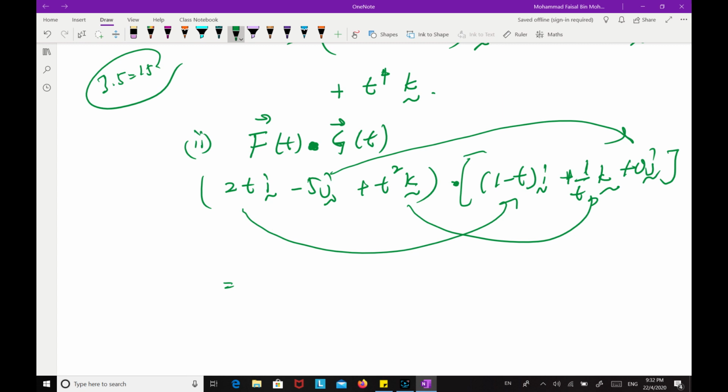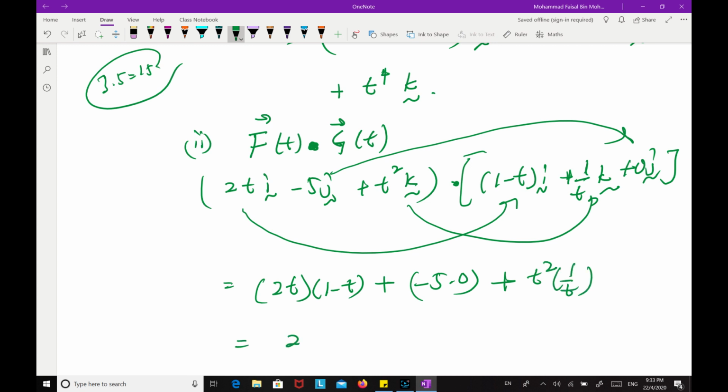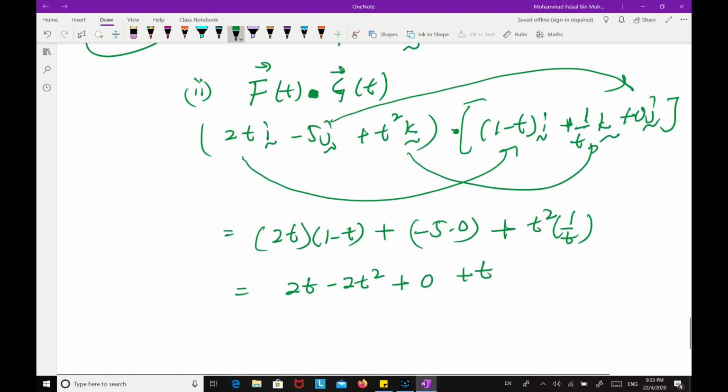So it is 2t times with 1 minus t, plus, okay, you will end up with a scalar because it's a dot product, j with j, negative 5 times 0, plus t squared times with 1 over t. So this is 2t minus 2t squared plus 0 plus t. This is 3t minus 2t squared.